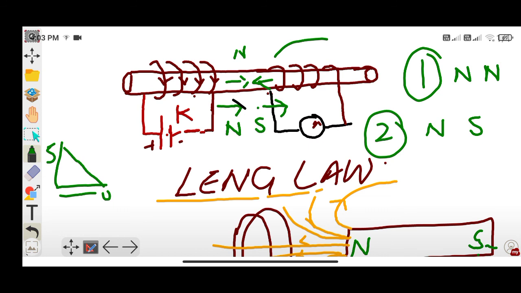So that's what has been said in the two cases. In the first case, when north and north are there, they oppose. In the second case, it is opposing the reduction of current in the primary coil, so it is generating south, so that south and north can attract. This is the natural tendency in the coils, that they have to follow Lenz law. That's it.